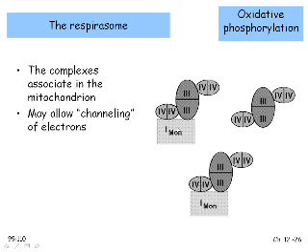So for instance, here's a complex 1 that's interacting with a complex 3, and that complex 3 has a couple of complex 4s attached to it, so that you can end up transferring those electrons just right on down. So the thought is that these assemblies of complexes allow for a more efficient transfer of the electrons. It's called the respirosome.